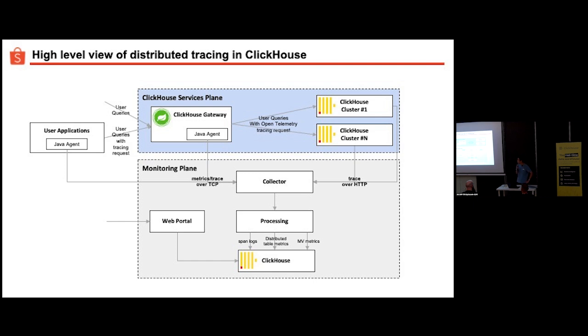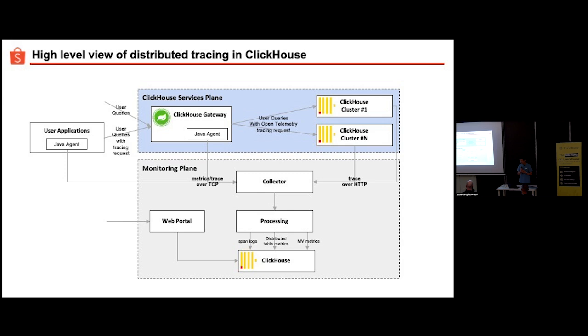What is different is that in the ClickHouse gateway, there is a Java agent that is responsible for the tracing context initialization. It will create a tracing context for each query that it receives. And this kind of Java agent can also be deployed on our client-side application if it is a Java application.